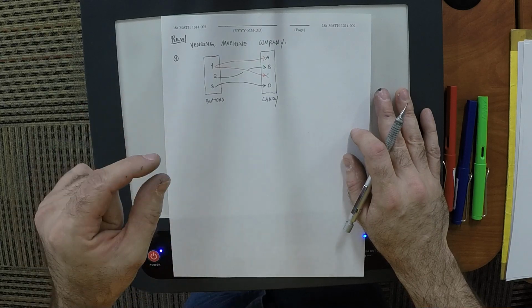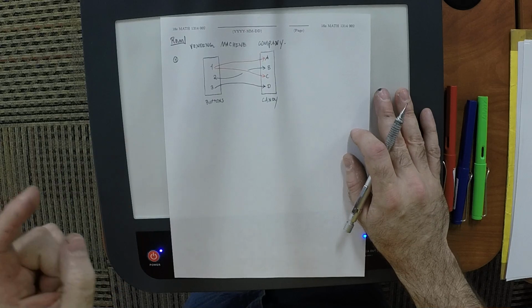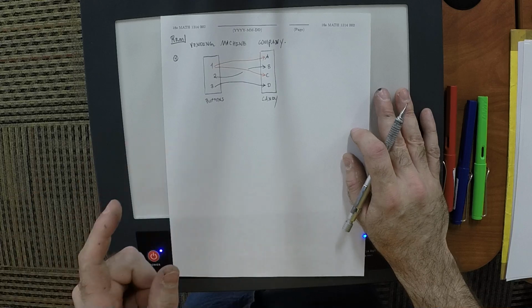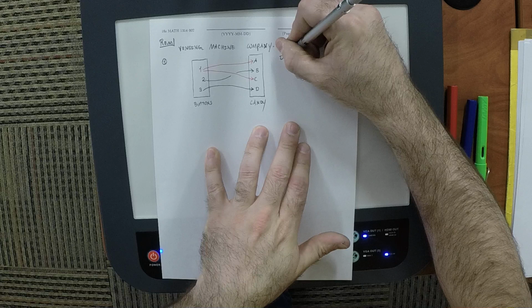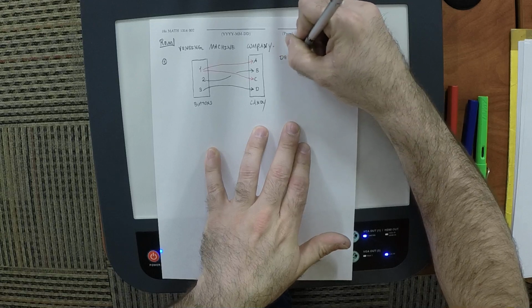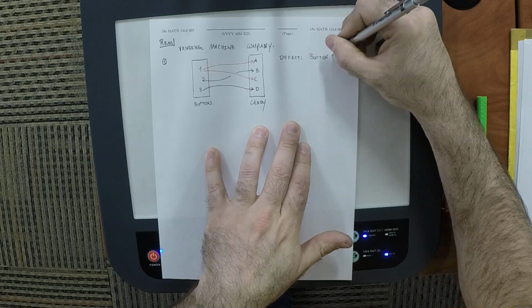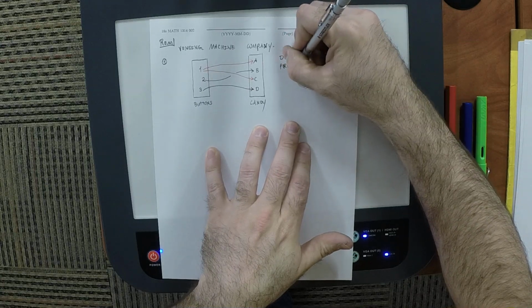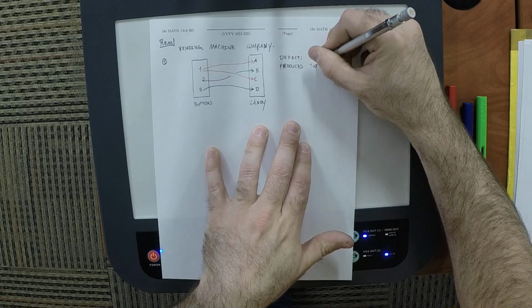Right. Button 1 produces 2 outputs. That's not the way a vending machine should work. It should produce just 1 output. So the defect here, if you like, is that button 1 produces 2 candies.